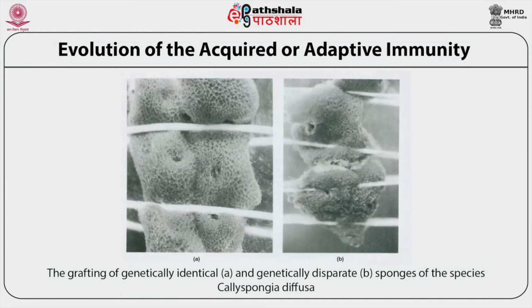The Hawaiian sponge Callyspongia diffusa is a very primitive metazoan which has three fundamental traits of the immune system of the vertebrates. Its self and non-self recognition systems operate via cell surface molecules. Non-self are destroyed by some effector mechanisms.